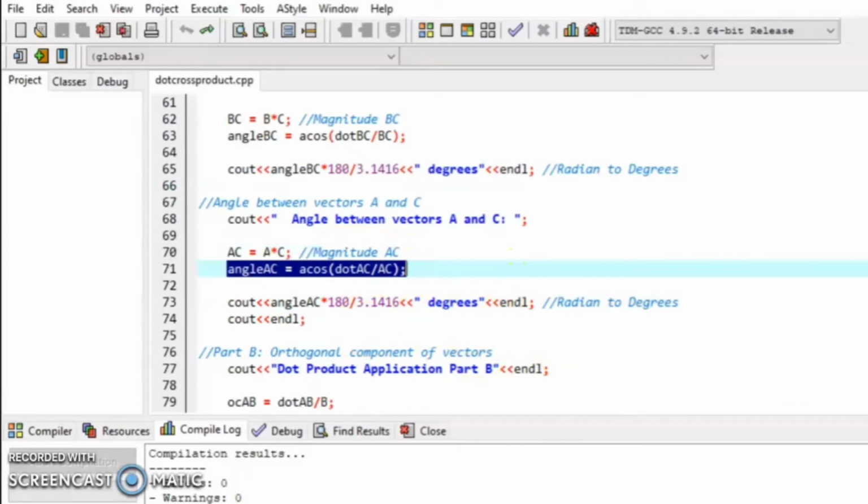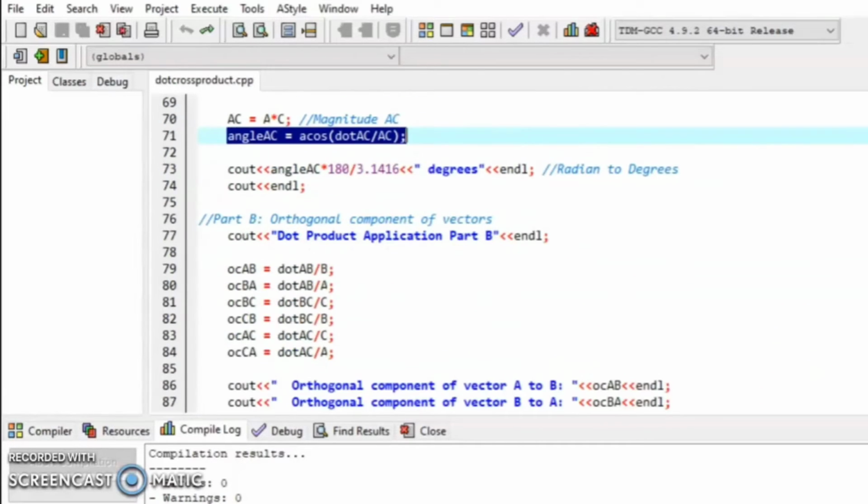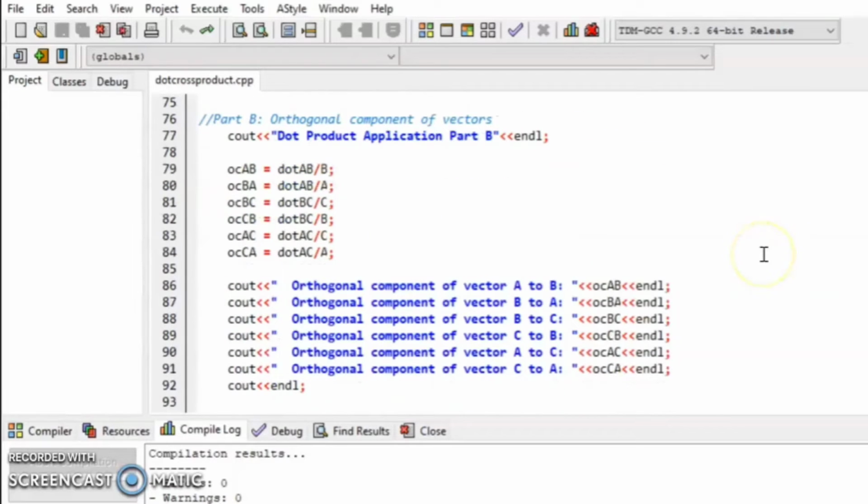Next one is the orthogonal component of the vectors. That's the second application of the dot product.